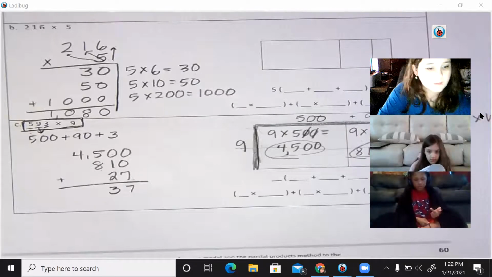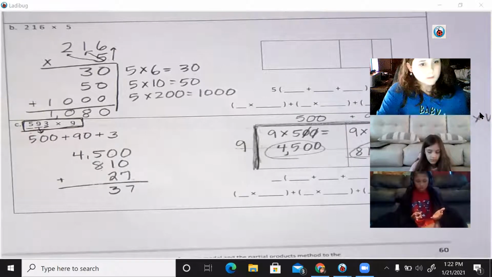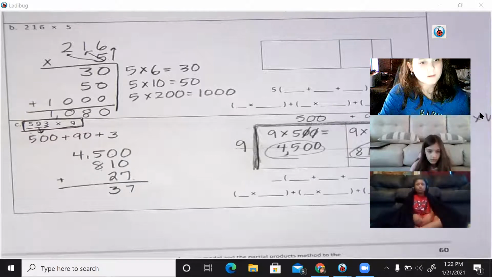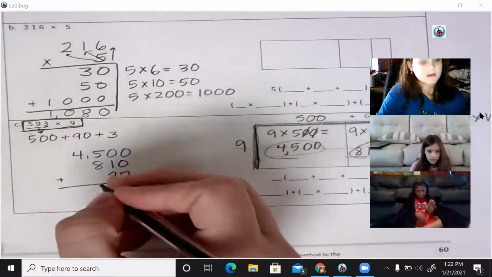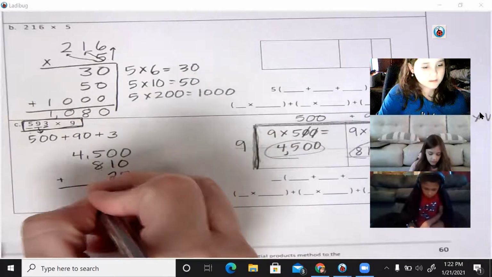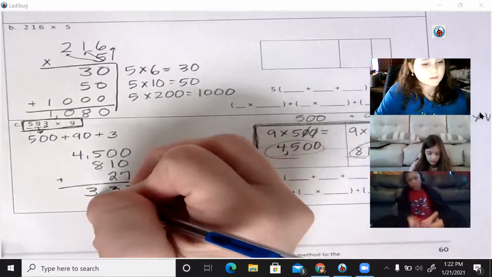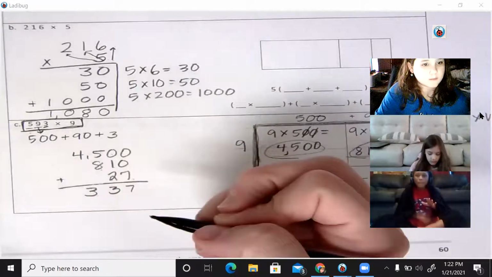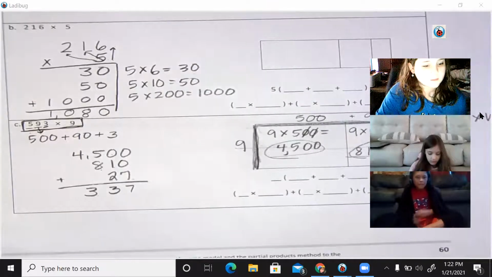Olivia, start at 8 and count up for me. Go. 9, 10, 11, 12, 13. So what's 5 plus 8? 13. Put down my what? The 3. What happened to my 1 from 13? What do I do with it?